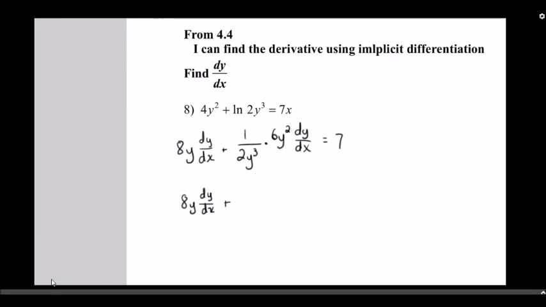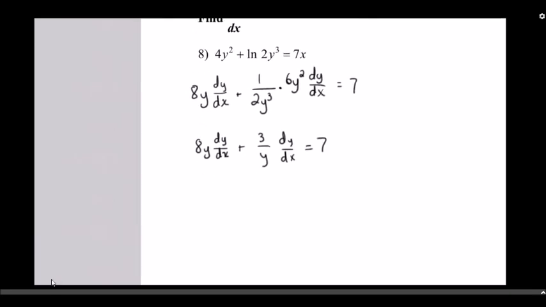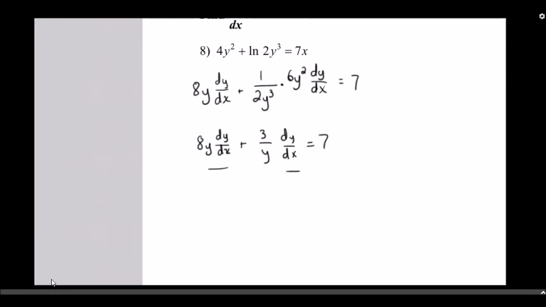So that can simplify to 3 over y dy dx equals 7. Now both of these terms have a dy dx which I can factor out. So dy dx factored out is going to leave an 8y plus 3 over y.